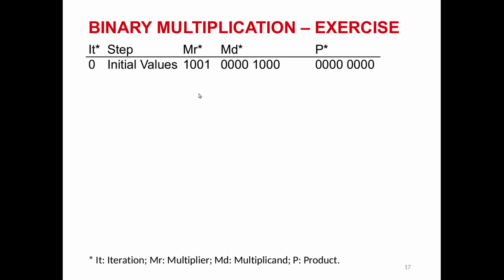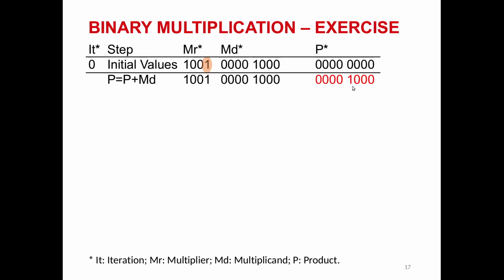So here is the initial value. We will do completely the same as our previous example, but with different values only. So we know here the least significant bit of multiplier is 1. We will need to add multiplicand together with product and then write it into the product.